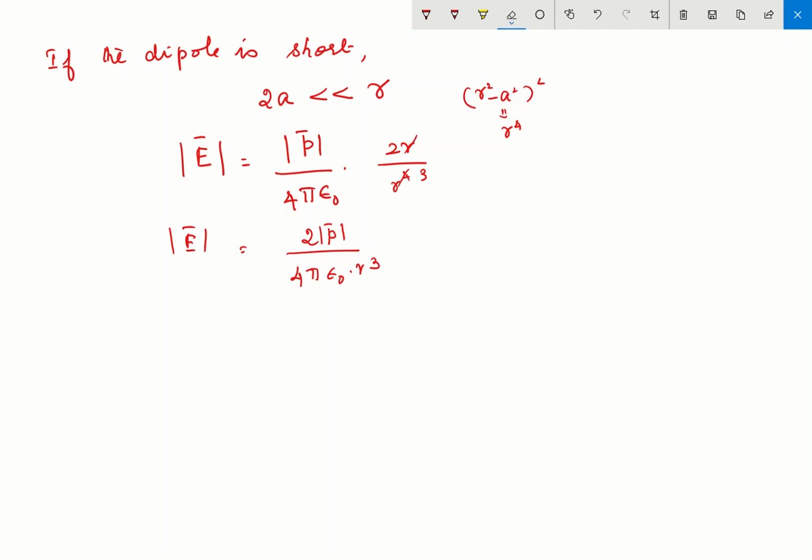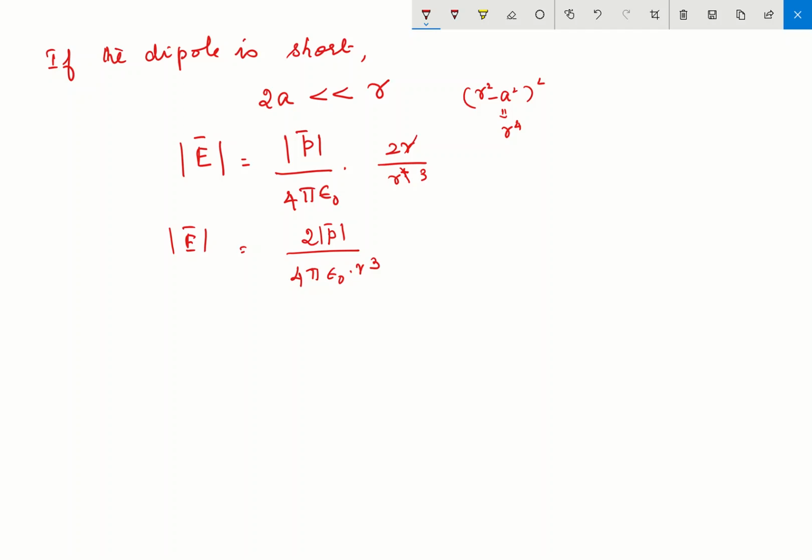Shivani will ask, madam, you have struck off r power 4 fully? No, I have not. It is only one r, so I have to be very careful. Very good, you are following the lesson now, and I am very happy about that. 2p divided by 4 pi epsilon naught r cube.